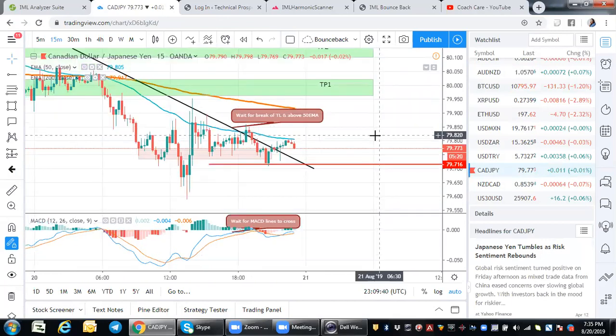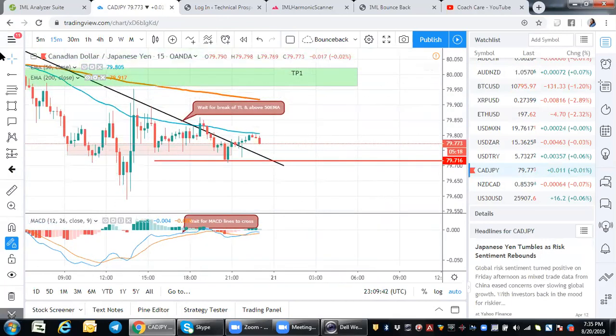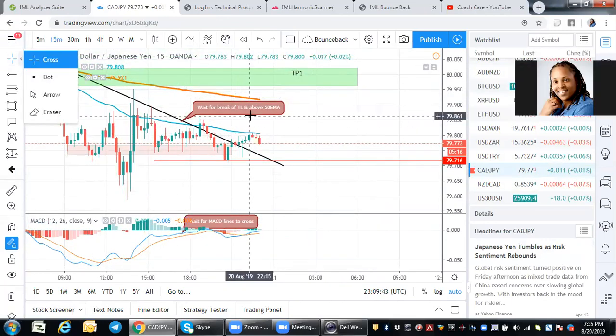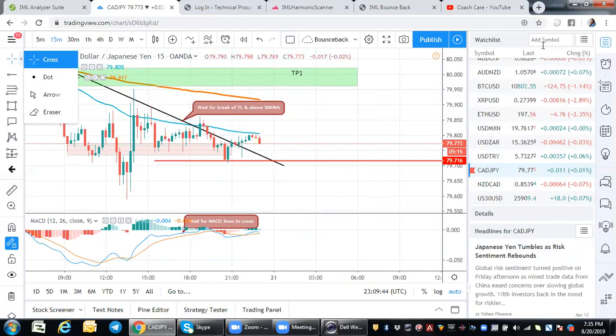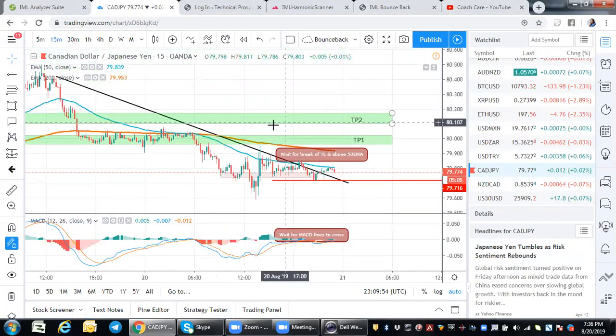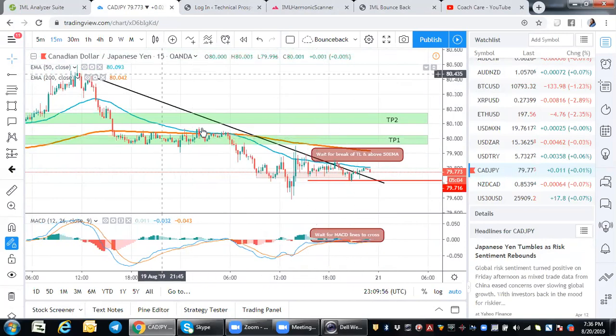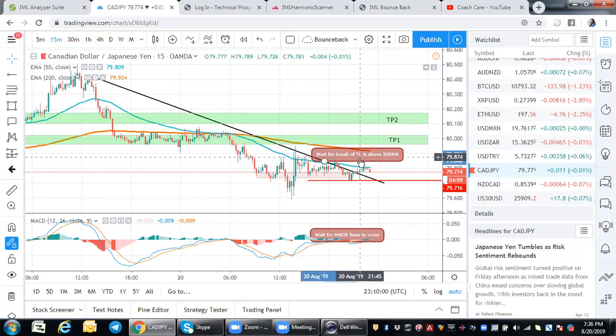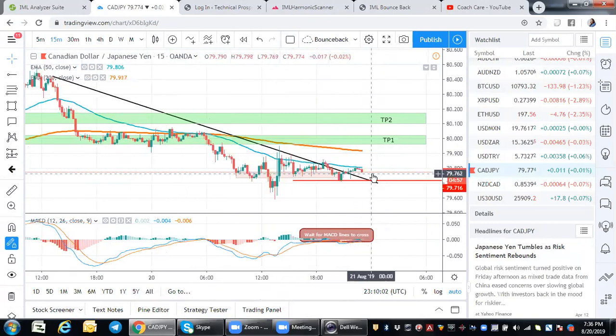I sent this out today in the Bounceback Telegram group. I gave you guys the take profit points, but for those who are not in that group, you can see the take profit points I have here. So Bounceback called CADJPY for a buy, right?